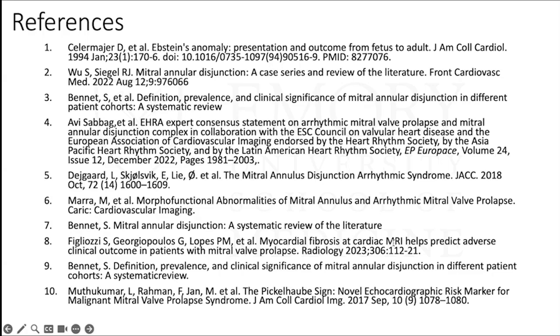makes a difference? Yeah, that's a great question. I'm not sure if there's more of that specifically in the prolapse literature, but across my survey of all mitral annular disjunction data, I didn't see any specific mention, nor was it in that consensus statement, of considering any sort of mitral valve therapies: valve replacement, clipping, any of that.